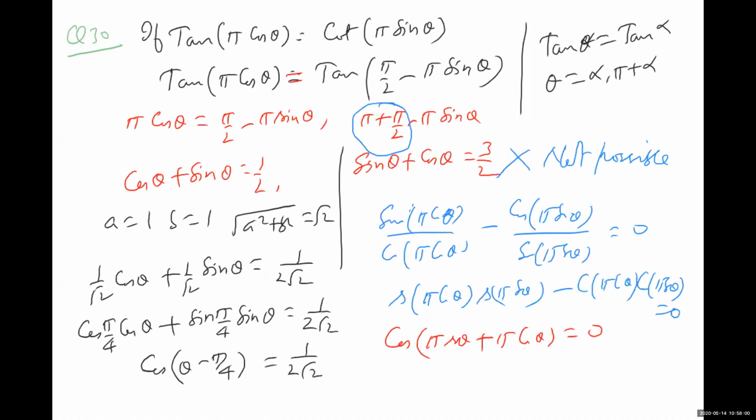Now you can write that, okay? So pi(sin theta plus cos theta) is equal to plus minus pi by 2. So that will come from here. So now you can write cos theta plus sin theta is equal to plus minus pi by 2, but not from that. Tan theta is equal to tan alpha, then theta is not equal to plus minus alpha.